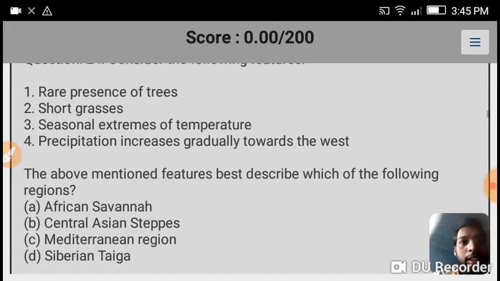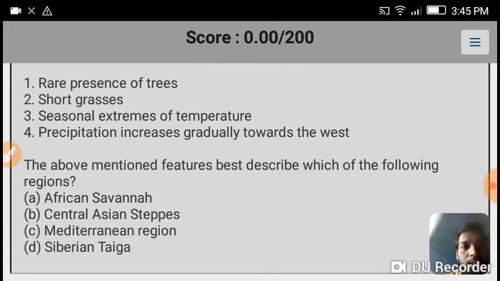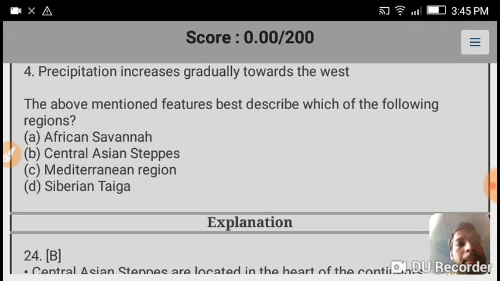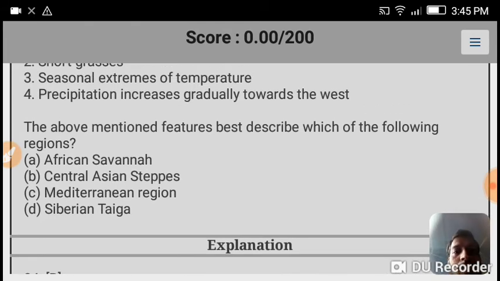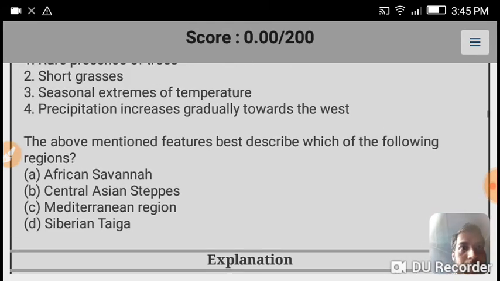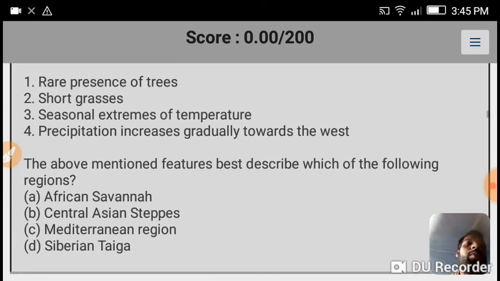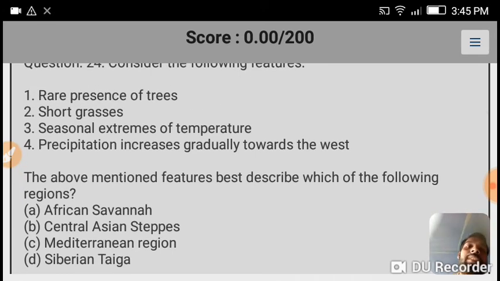So rare presence of trees and short grasses. So this is mainly the Central Asian steppes climate, the steppe region, not savanna, not the others. Precipitation increases towards the west, with seasonal extremes in temperature.